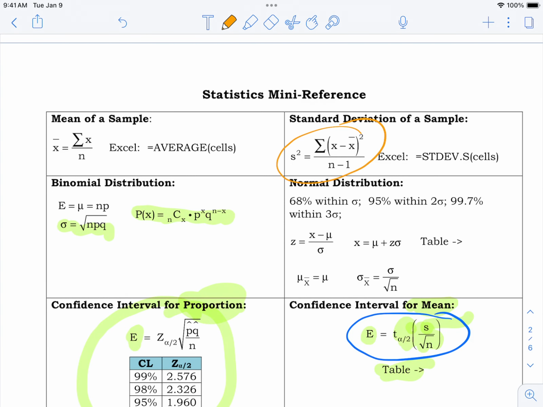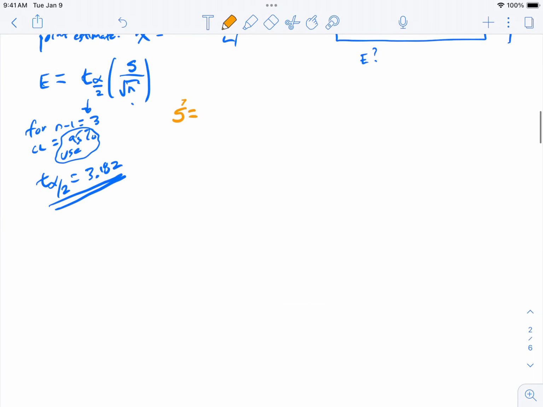Okay, that formula says S squared is, now that's a summation symbol, and what we're summing is a bunch of squared things. And then that's going over n minus 1. This means add all of these things. What are these things? Well, they're in parentheses.